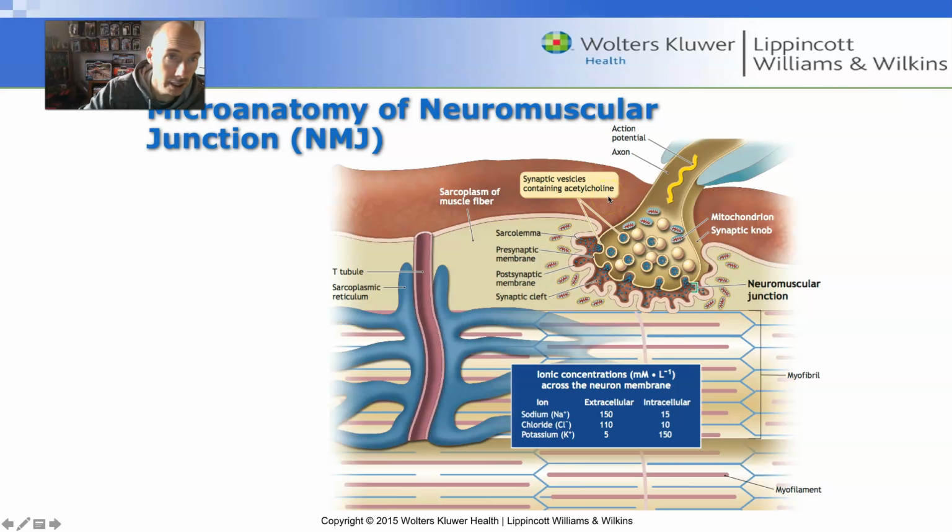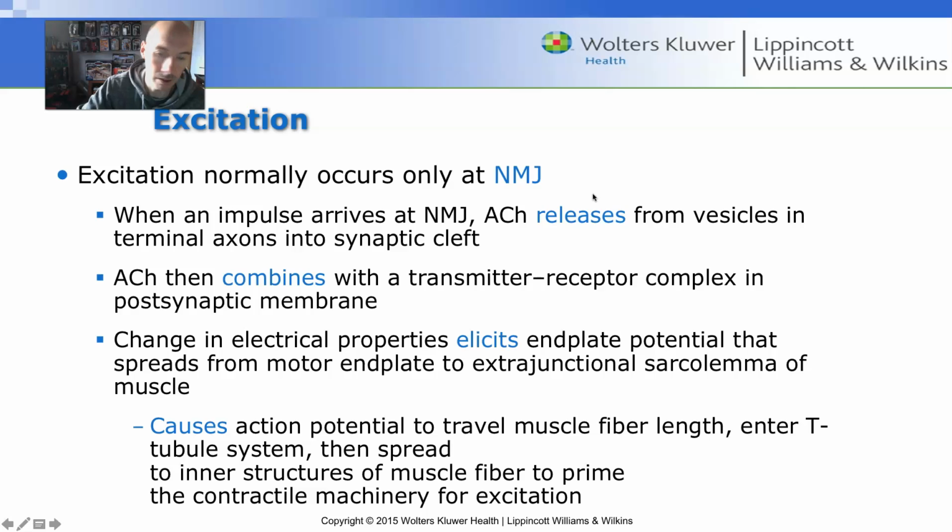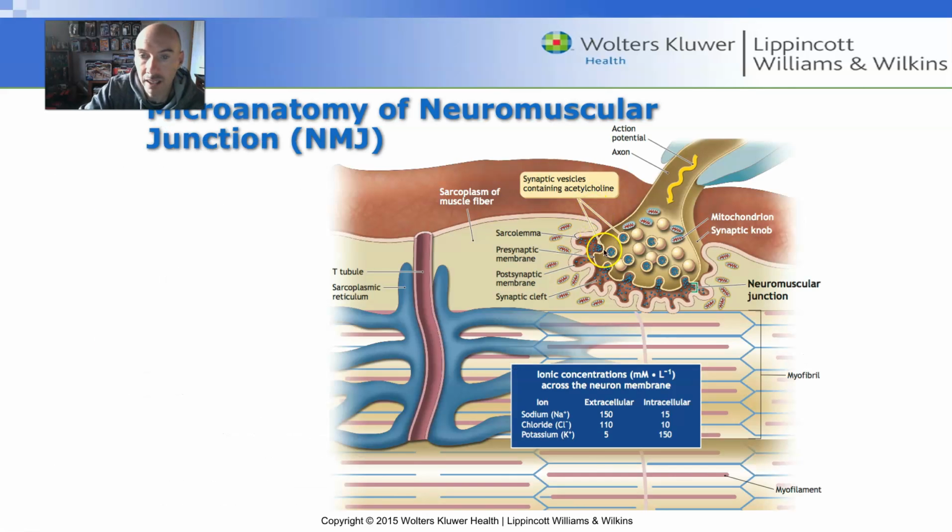The specific neurotransmitter in this case is called acetylcholine. Don't need to remember that word. That's just what it's called. Acetylcholine then travels across this space and binds to receptors on the sarcolemma, or the muscle fiber membrane.